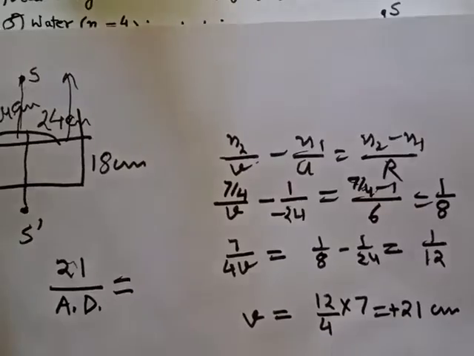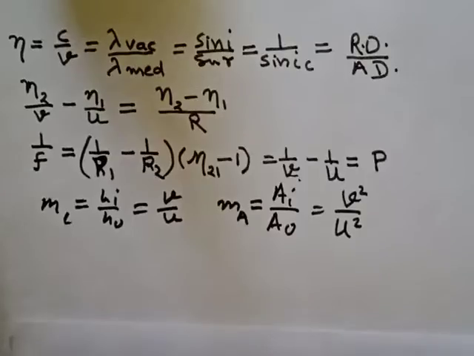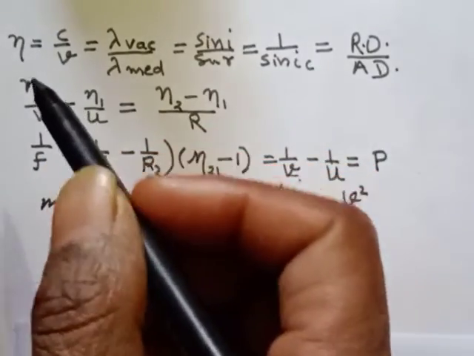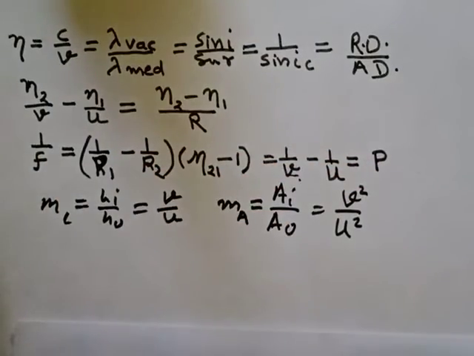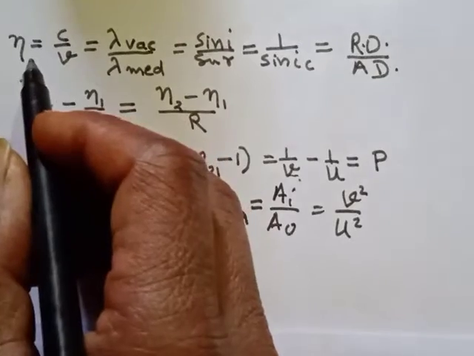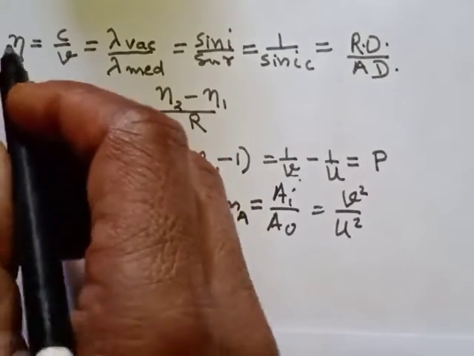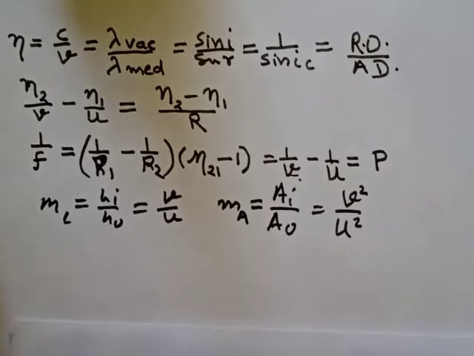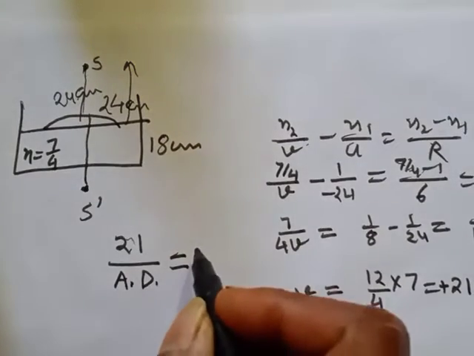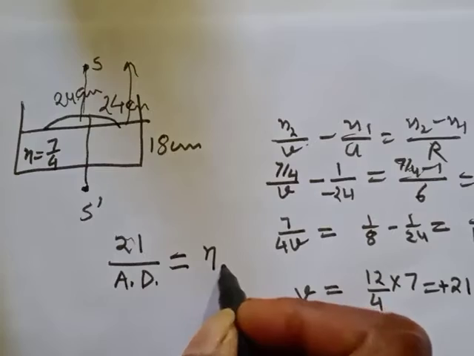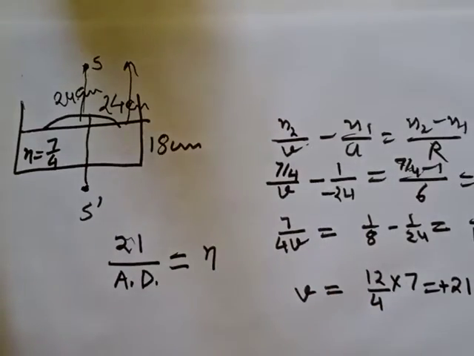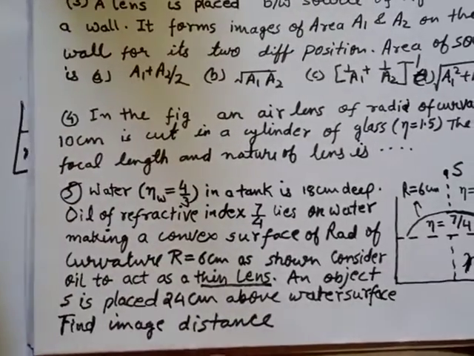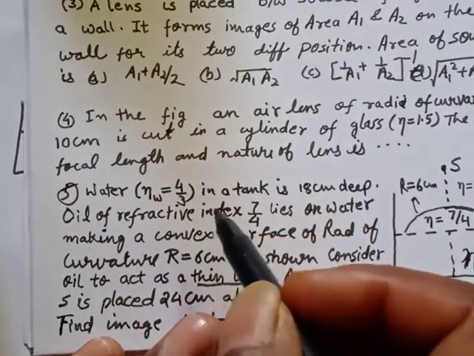Remember, as I previously showed you, real depth upon apparent depth is the refractive index of the medium in which that real depth is. Actually, it is the refractive index of that denser medium with respect to air, with respect to the rarer medium. Denser to rarer, that refraction is taking place. So also here it will be the refractive index of water.